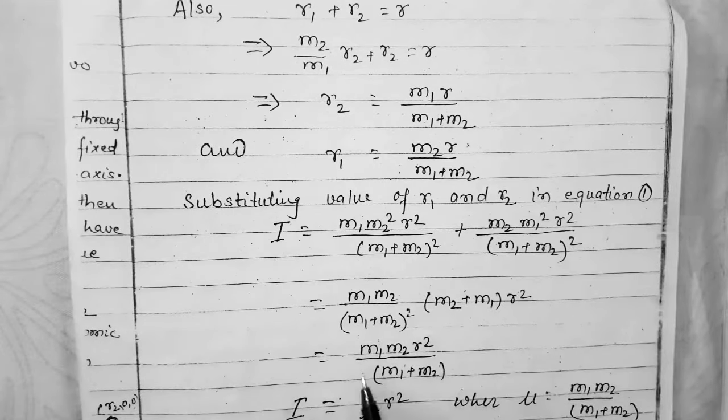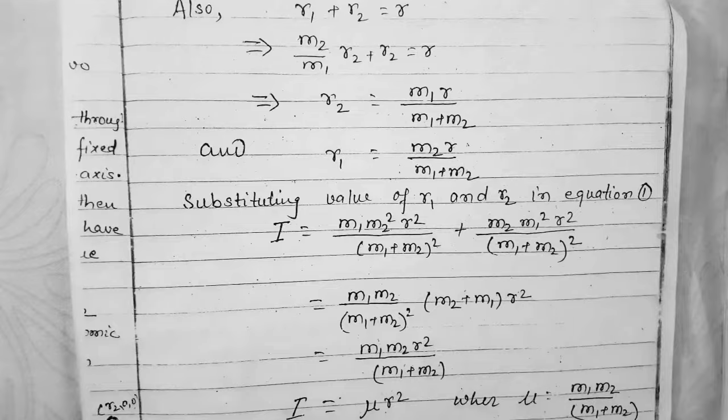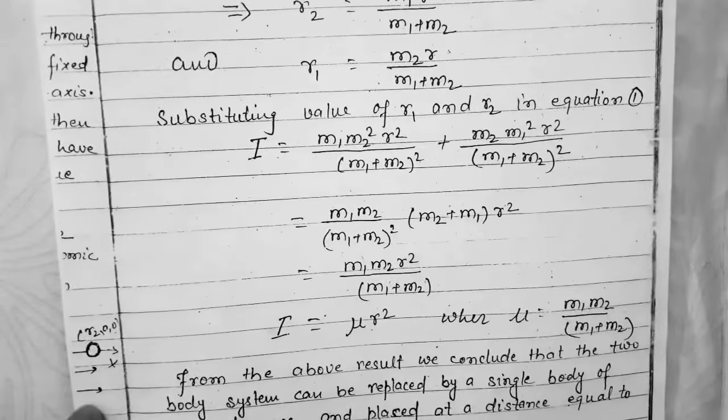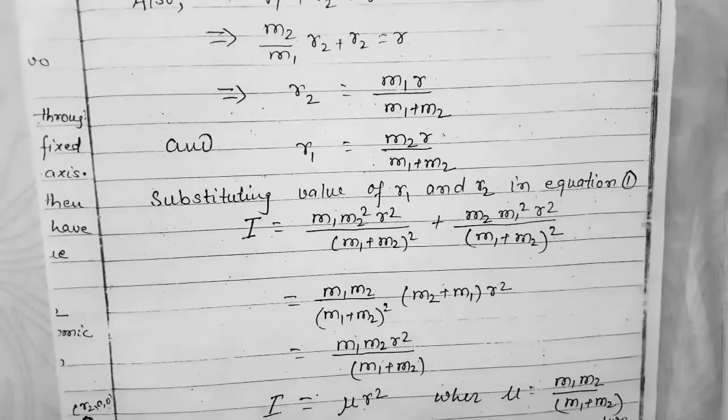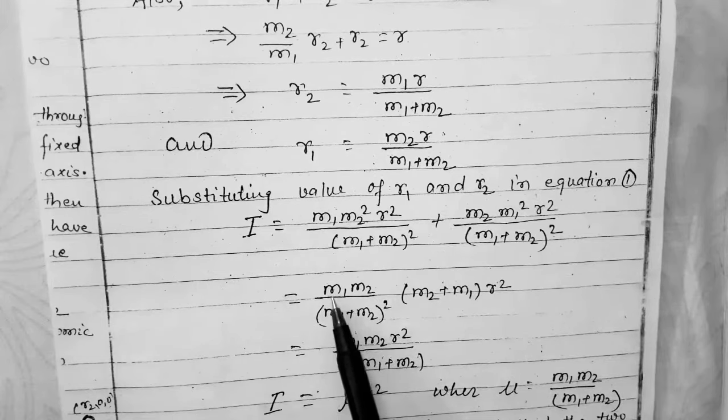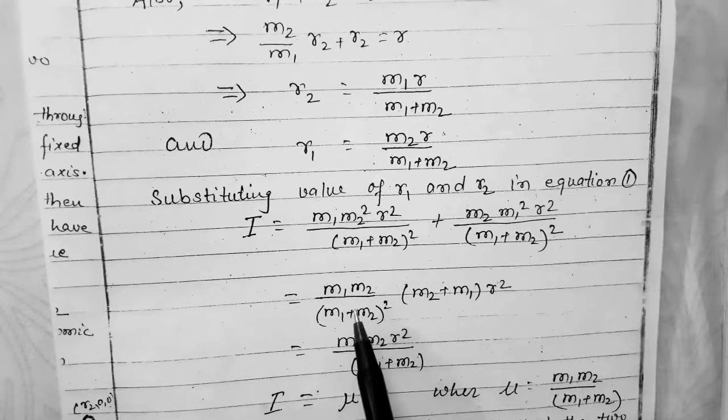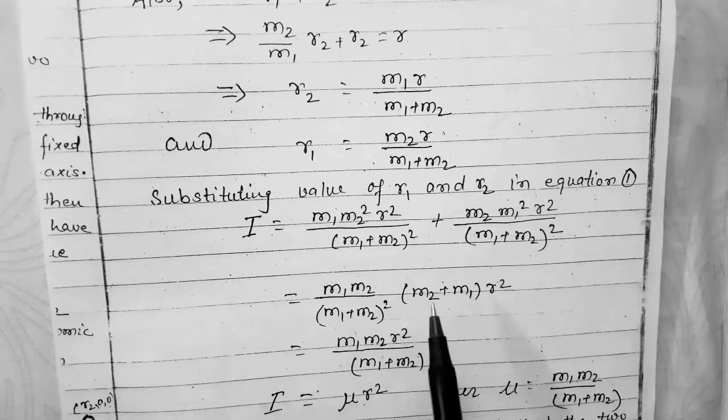We denote the constant m1 m2 divided by m1 plus m2 as mu. This is for the two body system with mass 1 and mass 2. The next step is to replace the two body system with a one body system with a reduced mass.